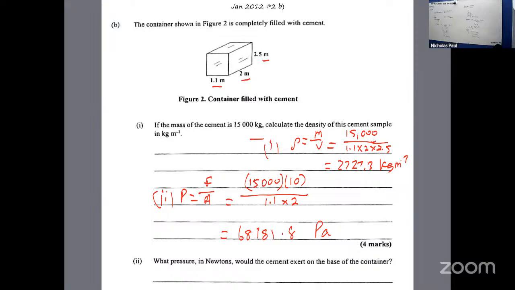Copy down. Let's try the next one. By then, put plus here. Yeah, this 5 years plus 50. That's what you do here.